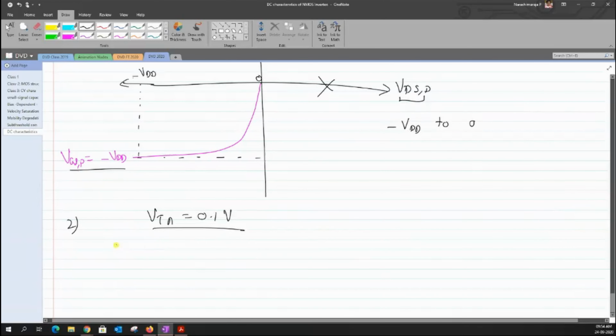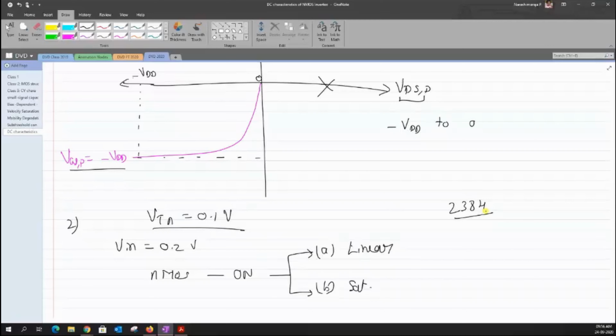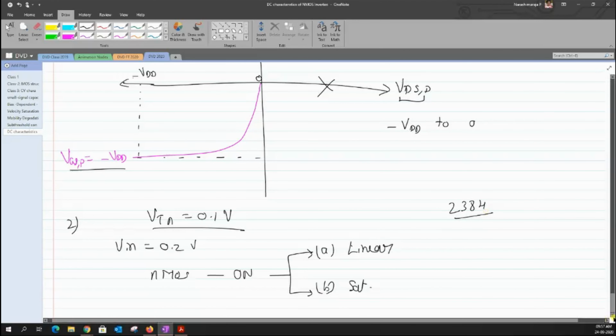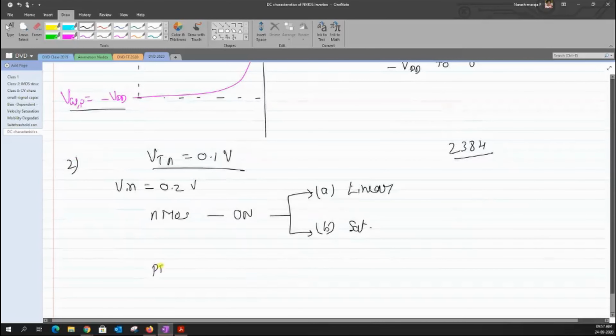Since I'm more positive than the threshold voltage of the NMOS device, under this condition, having this as 0.2 will turn on our NMOS device. Now, which region does this transistor move into? One small hint is that you can think of our discussion from the last class. And also let me write the condition for the PMOS as well.